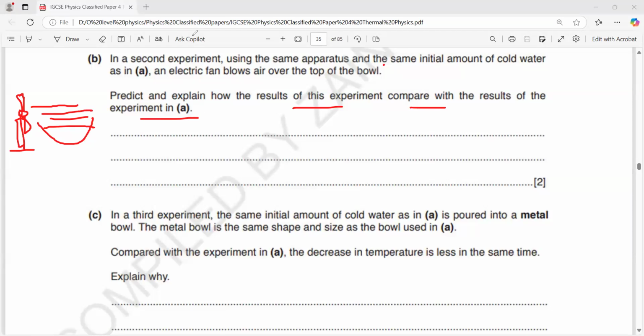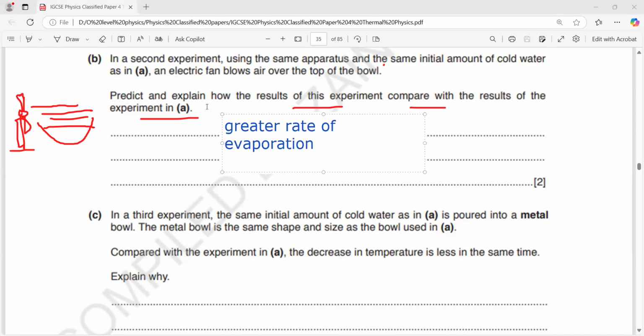Wind speed increases, so evaporation increases. It will have a greater rate of evaporation. So if it is having a greater rate of evaporation, what will happen?